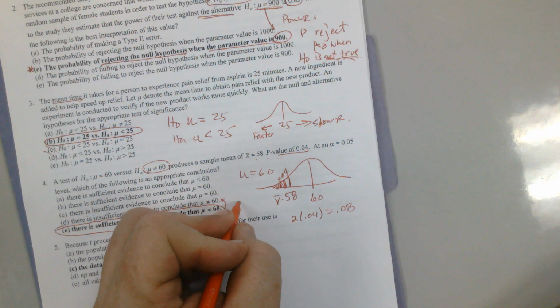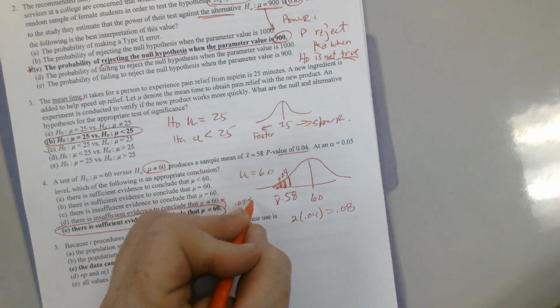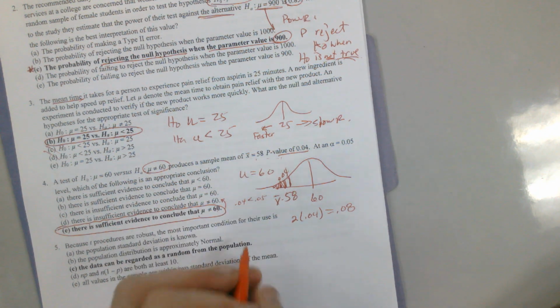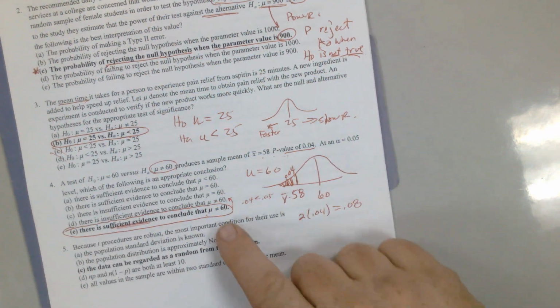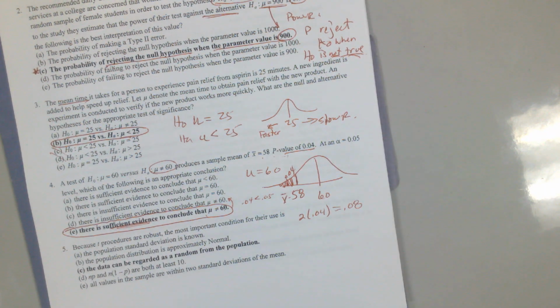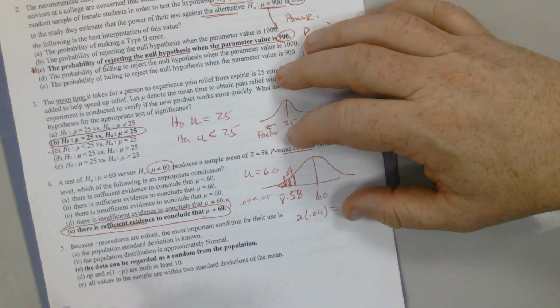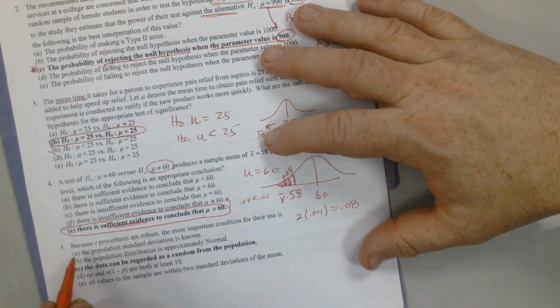So it would be 0.04 is less than 0.05. So therefore, there's sufficient evidence. We reject H of O and assume that H of A is different than 60. I don't know. I disagree with that one, guys, but oh well.